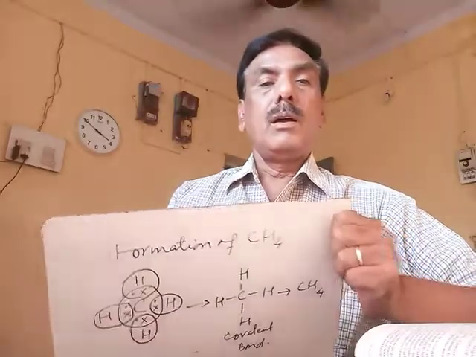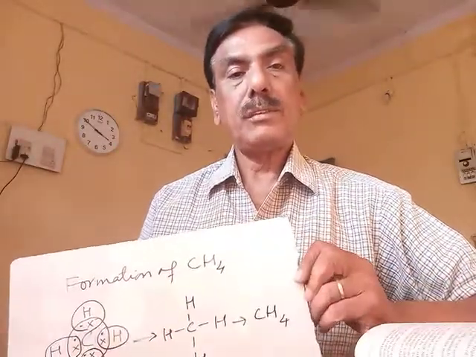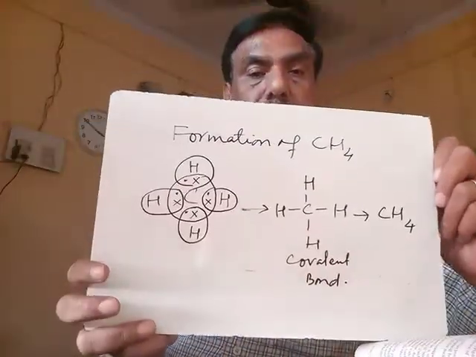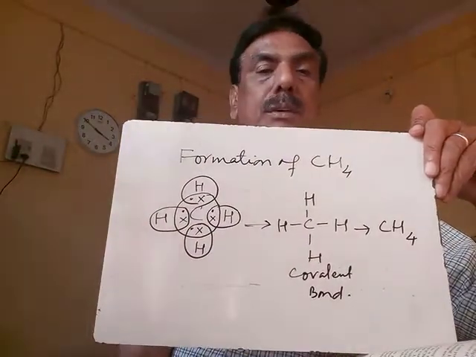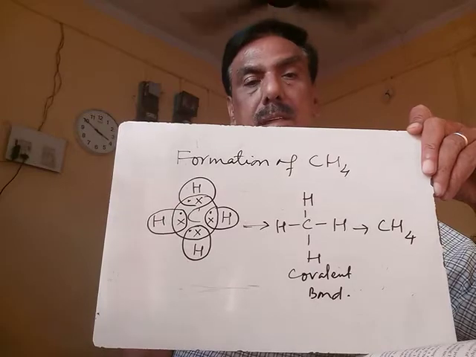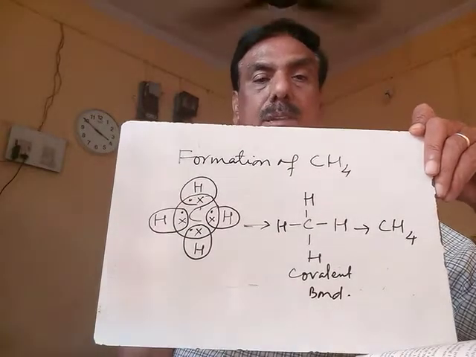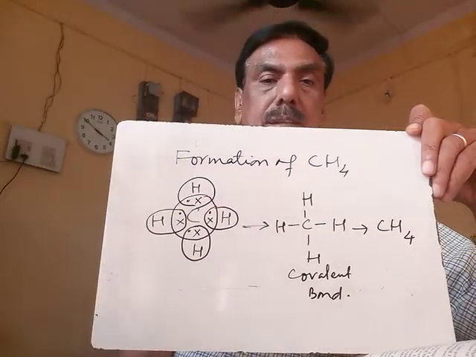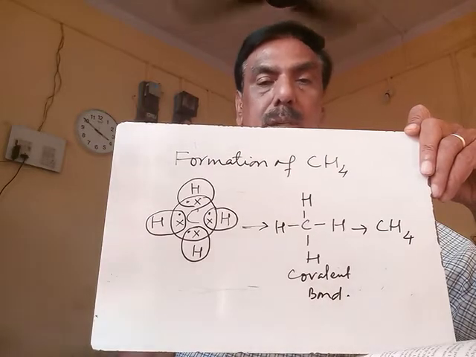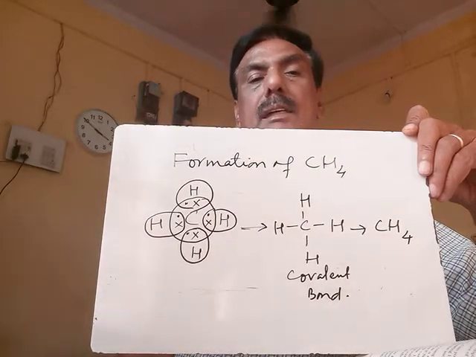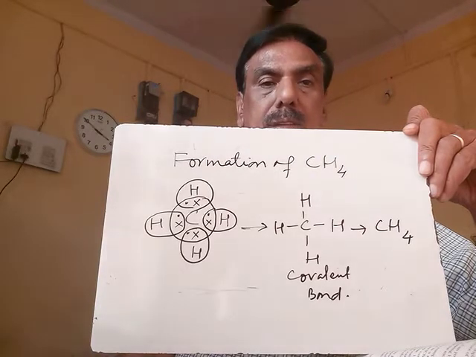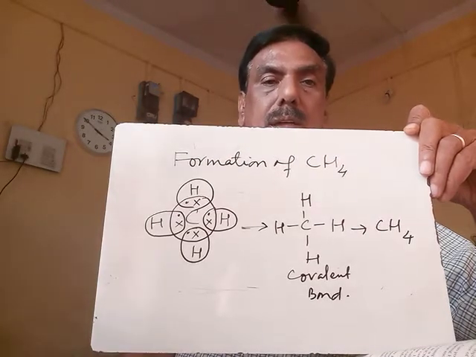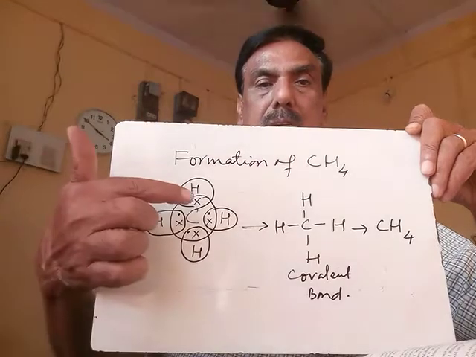Now just watch the formation of methane. This carbon has 4 electrons in the outermost shell. The 4 dots are the electrons that belong to carbon, and each carbon electron is sharing with 1 electron of a hydrogen atom.